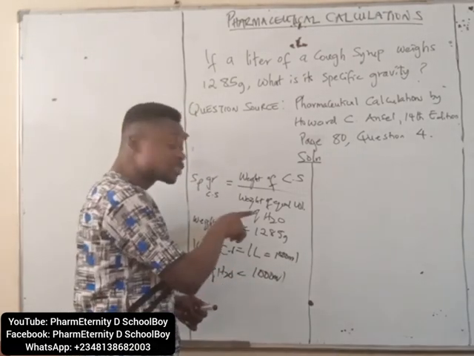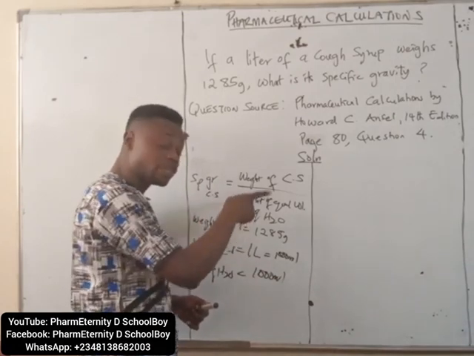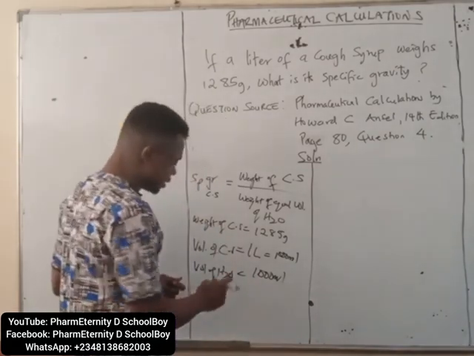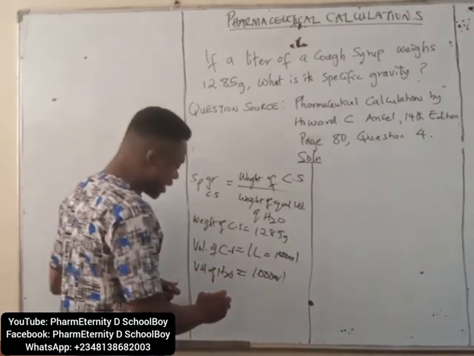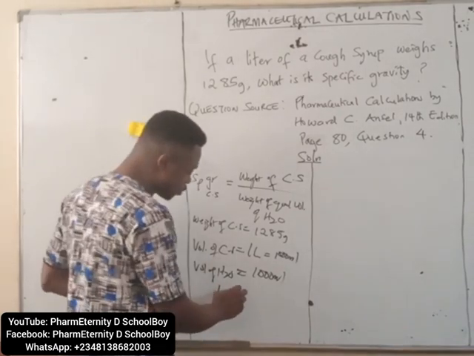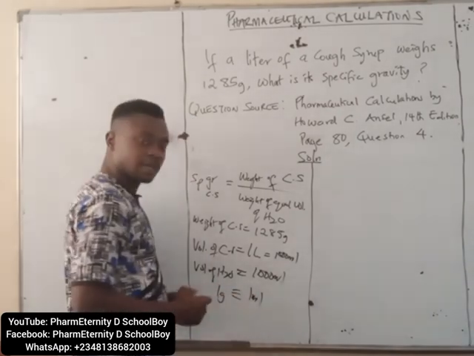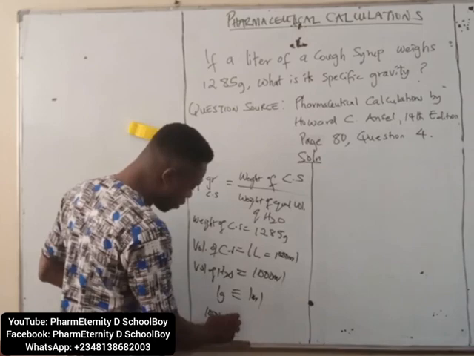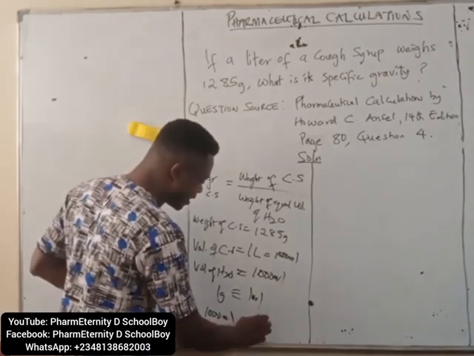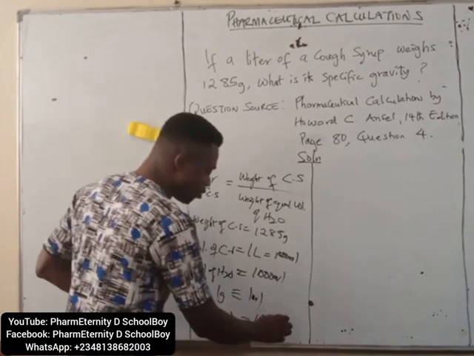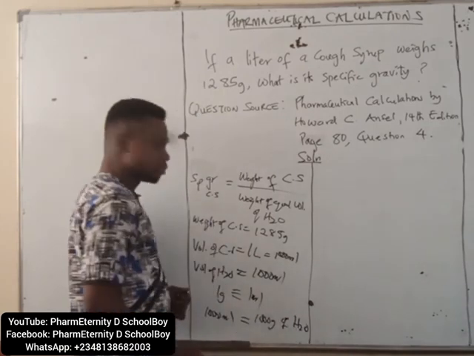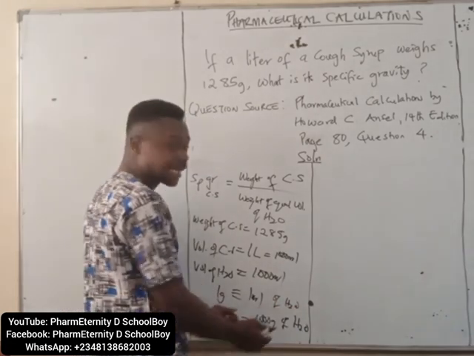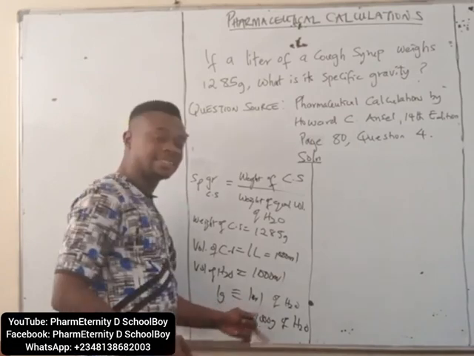Remember, we are looking for the weight of water that has the same volume as the cough syrup. Now, it has been established that 1 gram of water is equivalent to 1 ml of water. If that is the case, that means 1,000 ml of water is the same as saying 1,000 grams of water.